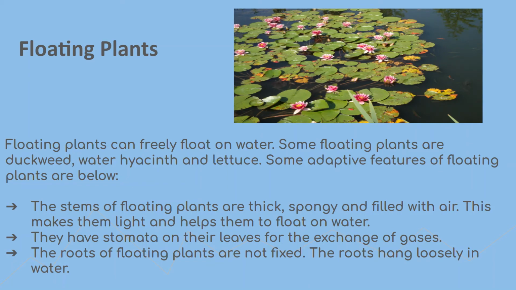I want to tell you something that in all the aquatic plants, the roots are under the water, but the leaves are floating and above the leaves there is a flower.